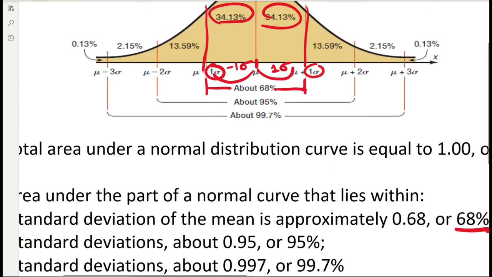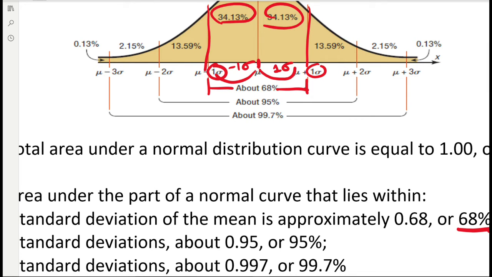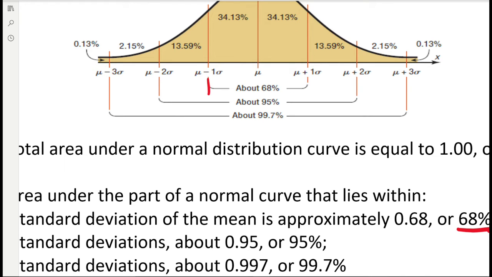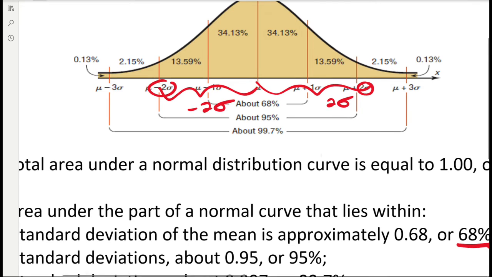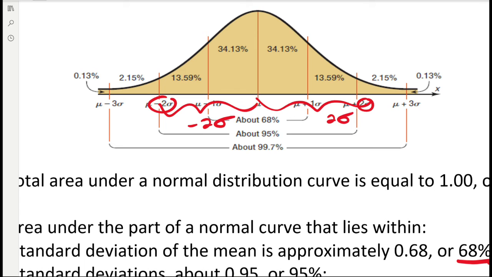Now, if you're talking about 2 standard deviations on each side, then we're going 2 sigma on the right and minus 2 sigma on the left. So within 2 standard deviations on each side, notice that if we add up these probabilities, we get about 95%.